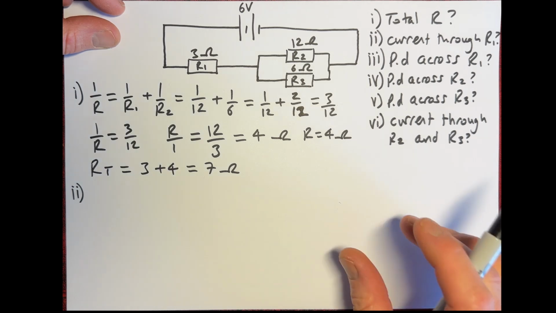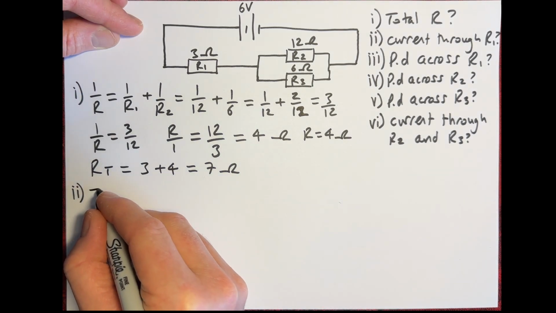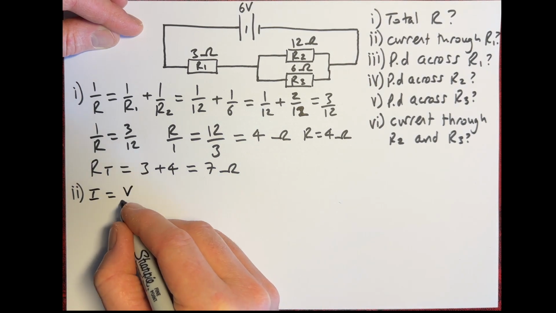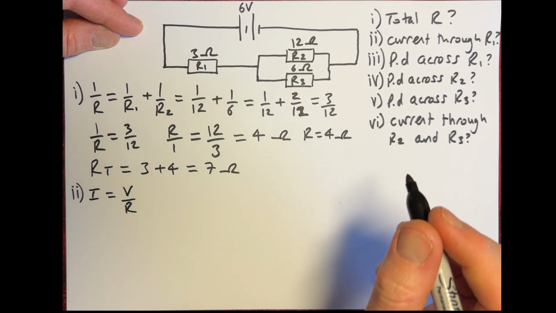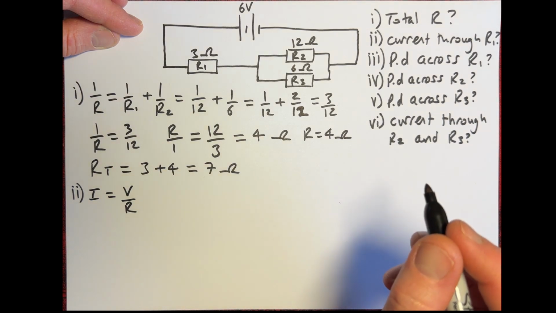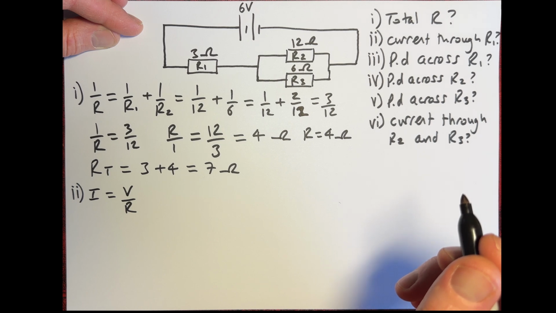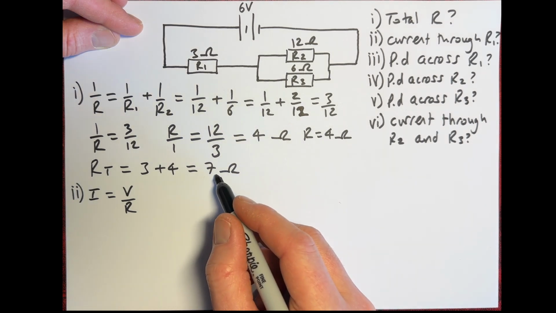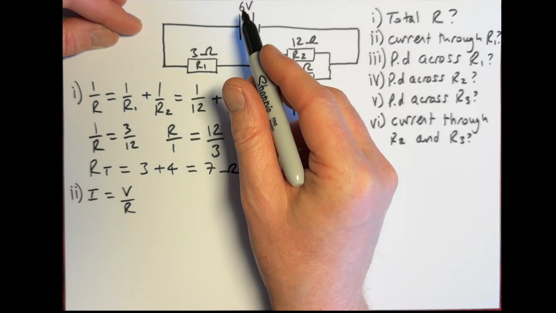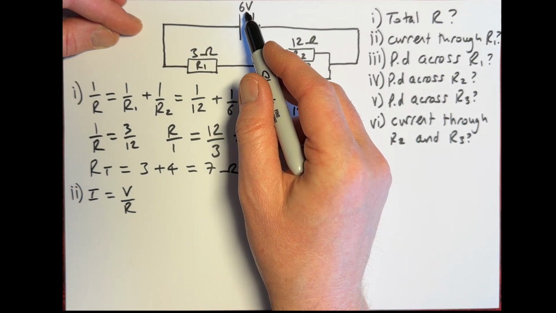Okay, now the next bit is to work out the current through R1. The way that we do that is we use I equals V over R, and we know that the total resistance of the circuit is 7 and the total potential difference of the circuit is 6.